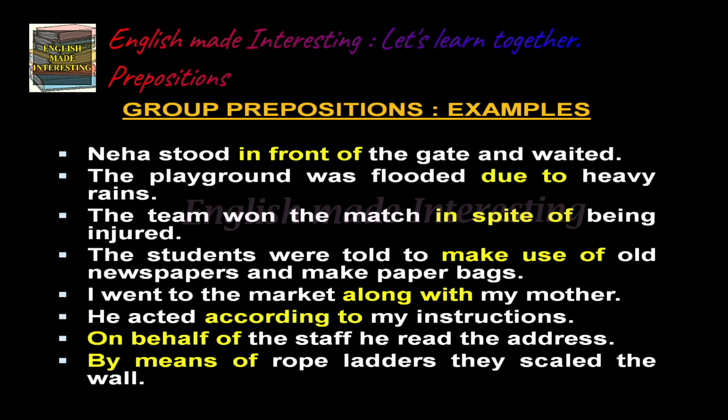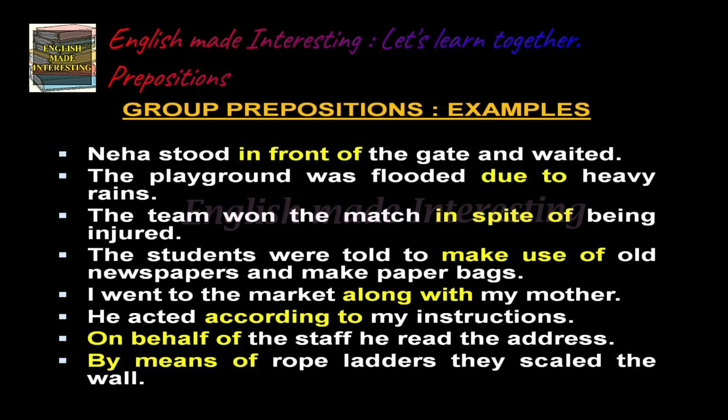Examples: Neha stood in front of the gate and waited. The playground was flooded due to heavy rains. The team won the match in spite of being injured. The students were told to make use of old newspapers and make paper bags. I went to the market along with my mother.